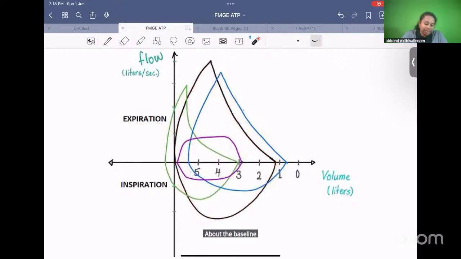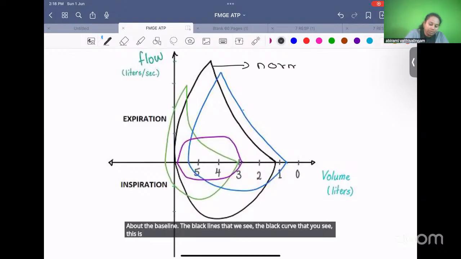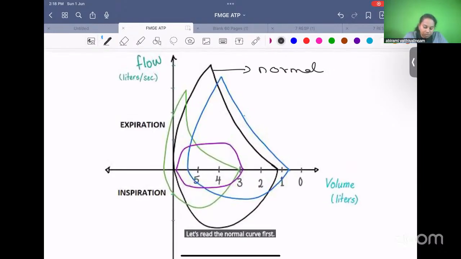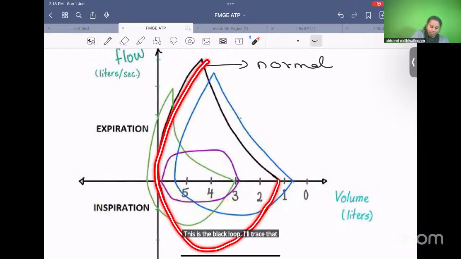The black curve that you see, this is the normal curve. Let's read the normal curve first. In this normal curve, listen carefully, this portion which is inside the black loop. This is the black loop. I'll trace that in laser now. This is the normal loop.